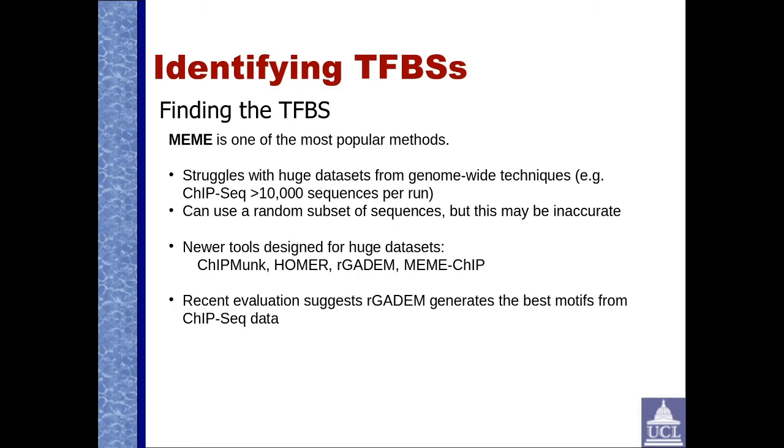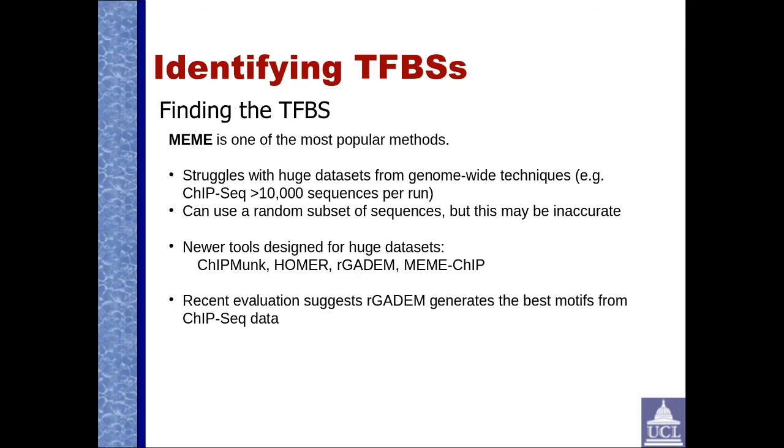So we can use a random subset of the sequences, but this may end up being inaccurate. So there are newer tools that have been designed for dealing with these huge datasets, including ChIPMunk, HOMER, RSAT, and MEME-ChIP, which is a variation of the MEME method. And a recent evaluation from a few years ago suggests that ChIPMunk generates the best motifs from ChIP-seq data.